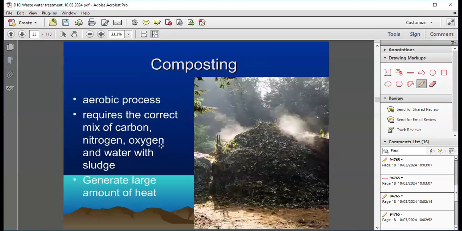Right? Composting process. The composting process requires the correct mix of carbon, nitrogen, oxygen, and water with sludge.